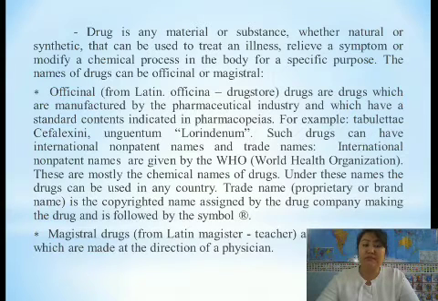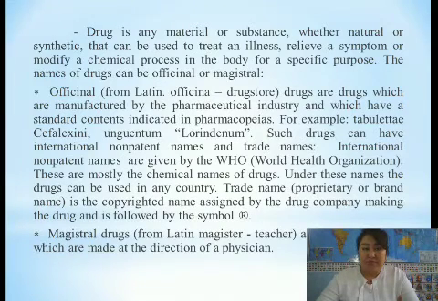International non-patent names are given by the World Health Organization, and these are mostly the chemical names of drugs. Under these names, the drugs can be used in any country, in Uzbekistan, in India, in Korea, and etc.